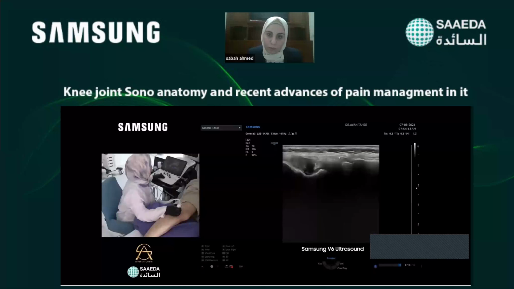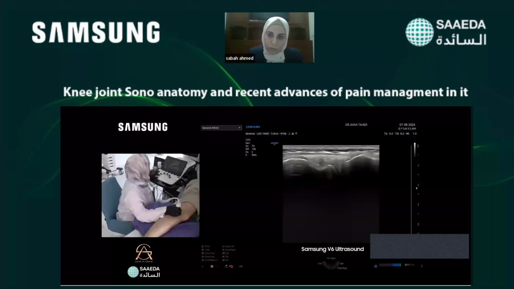Between them, there will be the lateral meniscus. This is the lateral meniscus. Here, the important point is that the most superficial ligament is the lateral patellar retinaculum. So here is the superficial layer, lateral patellar retinaculum. Now continue.